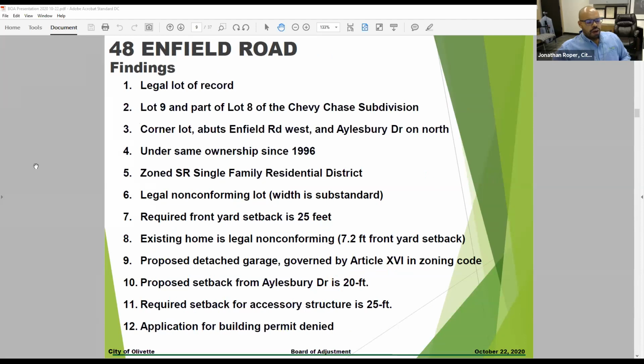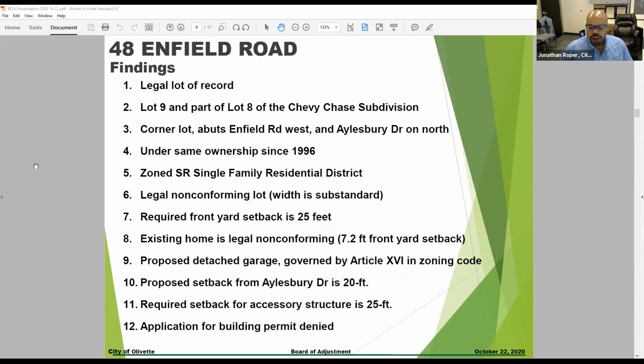And the findings on this: the subject property before you is 48 Enfield Road. It is a legal lot of record in the city of Olivet. It's part of lots 8 and 9 of the Chevy Chase subdivision.